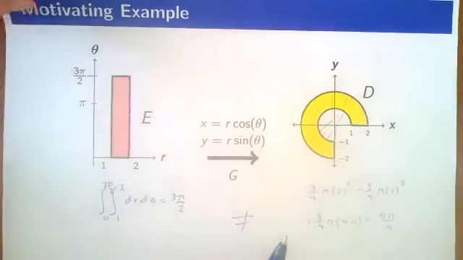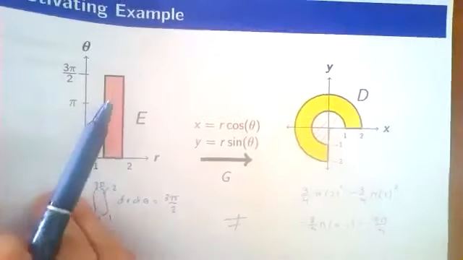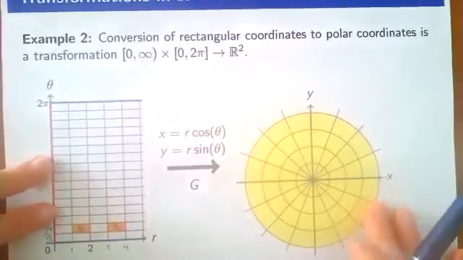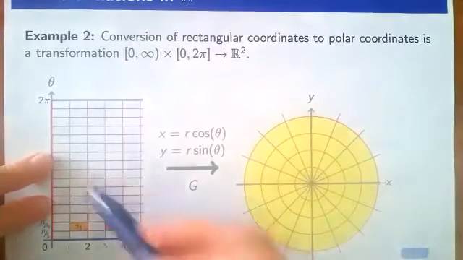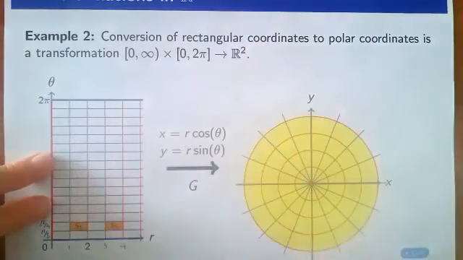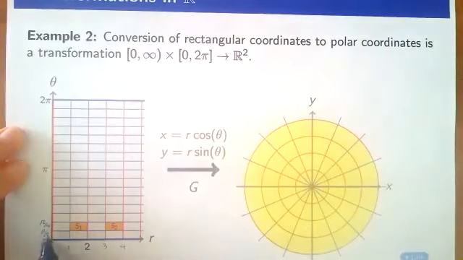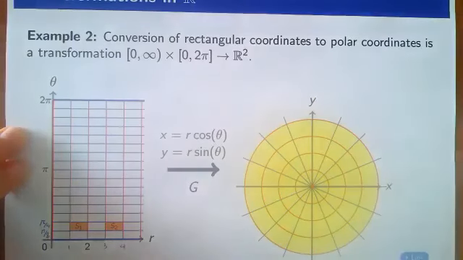The reason for that, a pictorial reason, again motivating examples, is this. When you're looking at the r and theta region, every little rectangle here, I chose a rectangle where theta is between pi 8 and pi 4.